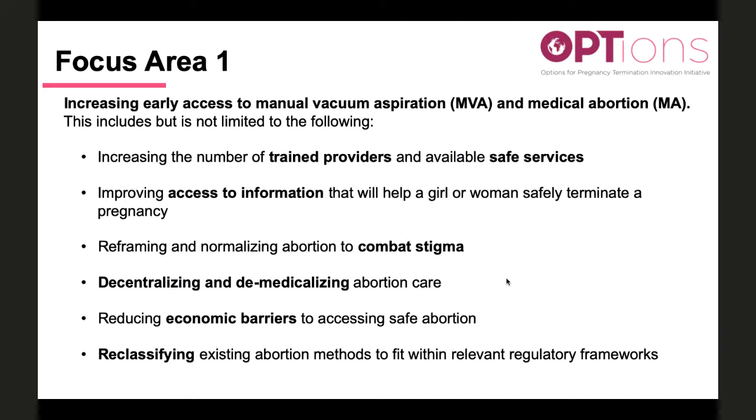So as you can see, these could be ideas that focus on increasing the number of trained providers and available safe services, innovations that improve access to information that will help a woman or girl safely terminate a pregnancy, combating stigma by reframing and normalizing abortion, decentralizing and demedicalizing abortion care, reducing the economic barriers to accessing safe abortion, and finally, reclassifying existing abortion methods to fit within existing relevant regulatory frameworks.